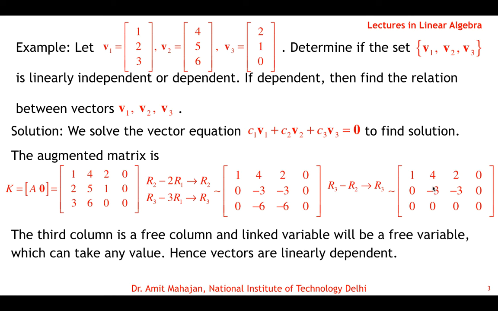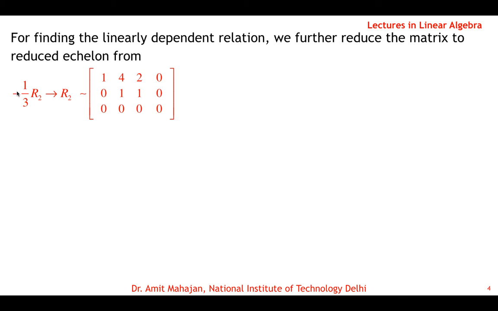That means we need to make the pivot elements 1, and the pivot elements must be the only non-zero elements in their column. This is already 1, we have to make this 1, and reduce this element to 0. So divide the second row by minus 3 to make this 1, impact on the second row, so this row becomes 0 1 1 0 here.